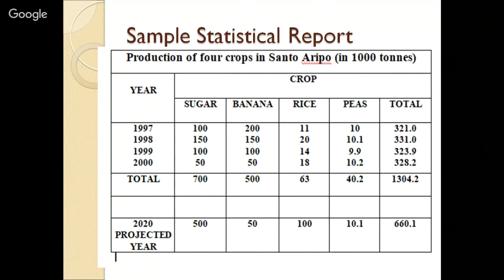All right. So the trend for peas is it is consistent. And let me explain to you why. Although in this case the figures seem to be going up and down, all the figures are in the same bandwidth.